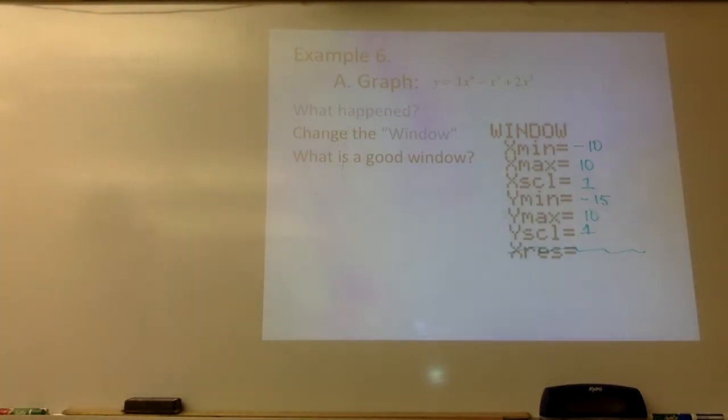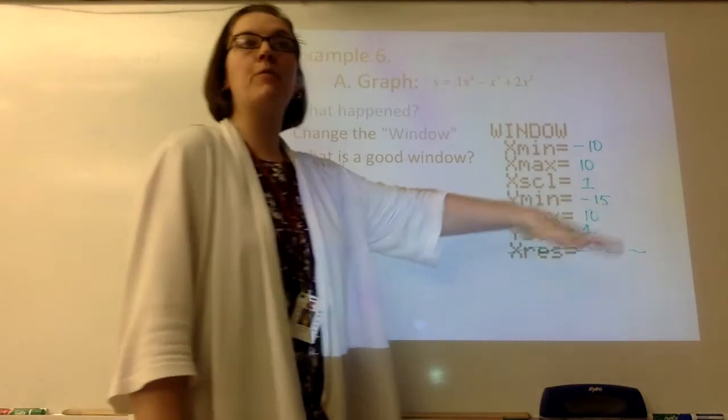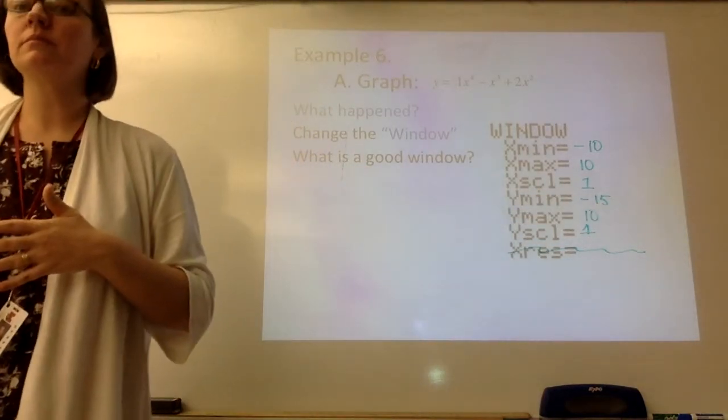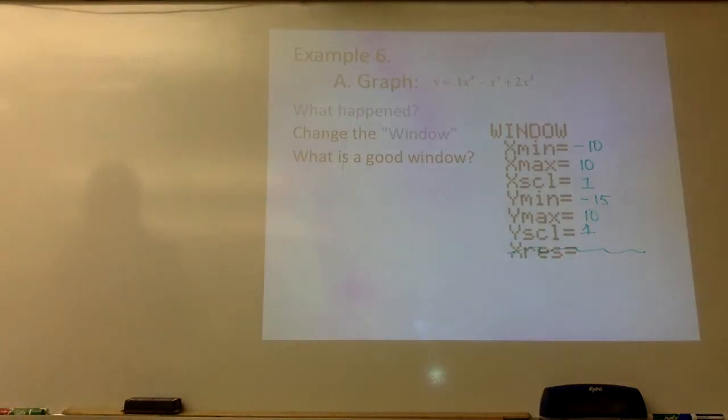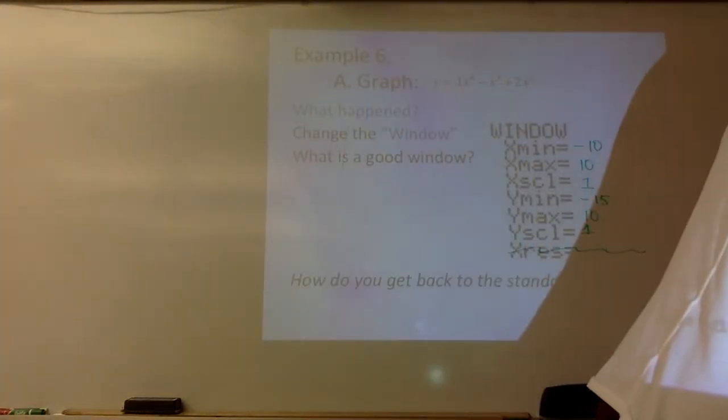This is an example of one. Maybe you have -20 here. That would be appropriate as well. So the big idea in this first example is you can change your window very quickly by clicking on the window button and hand manipulating what you want for your values. That's the first example.